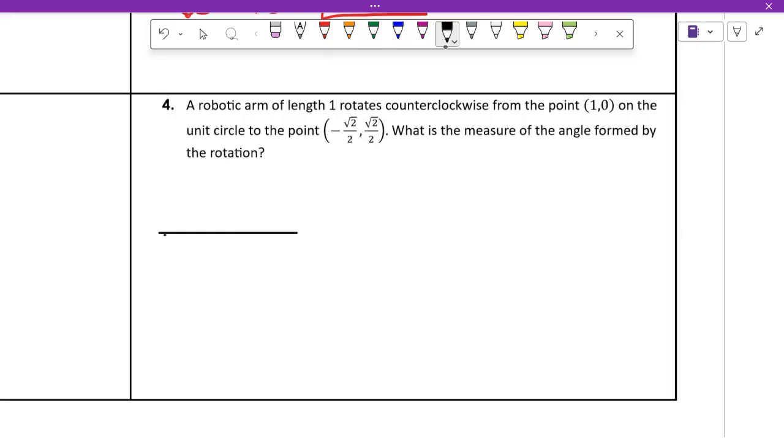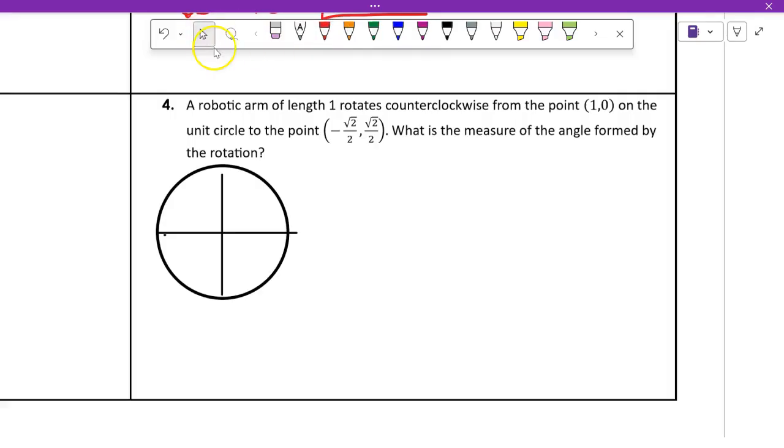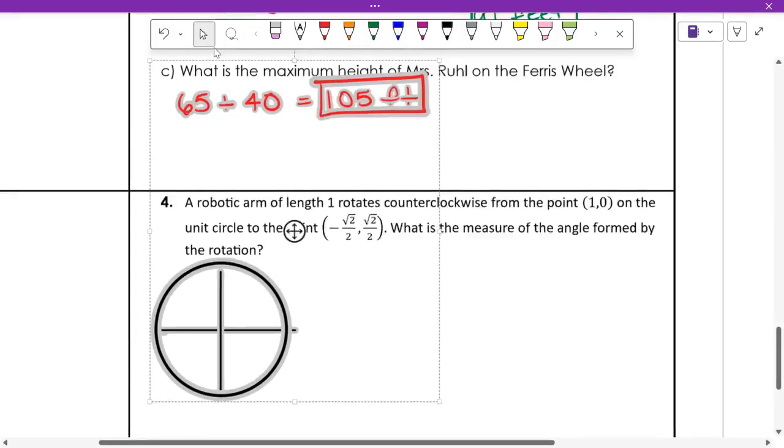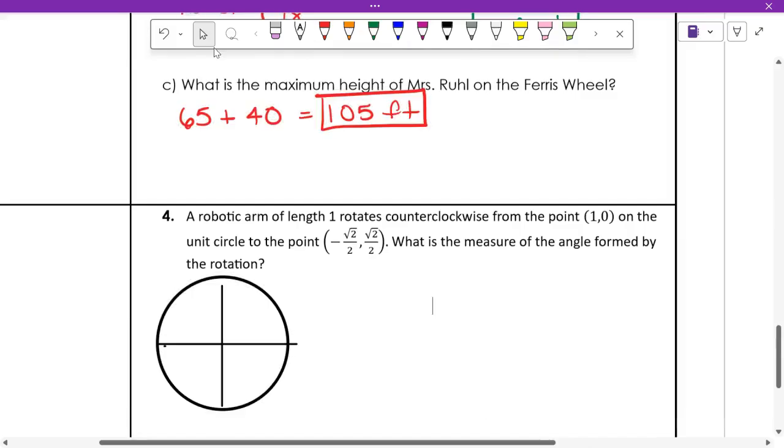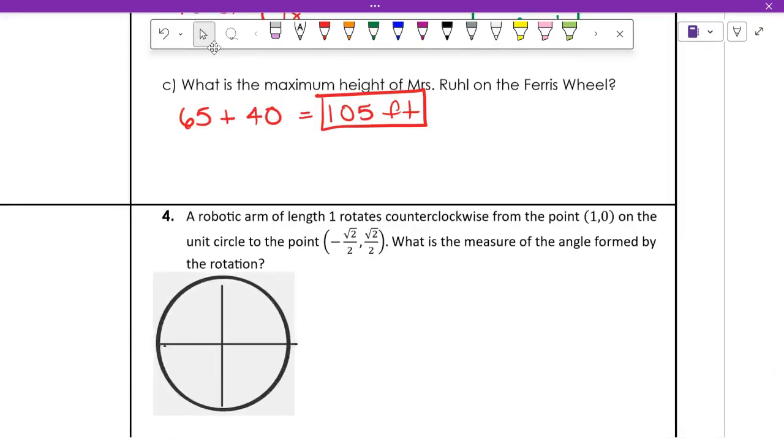So first, let's go ahead and just draw a little bit of a picture here. So I've got my unit circle here. And so it tells me I have a point 1, 0. All right, so 1, 0.